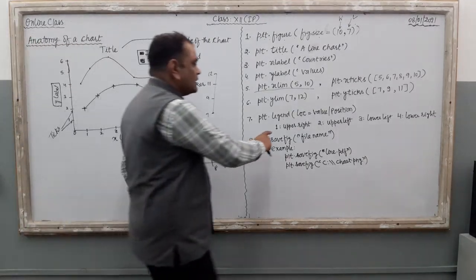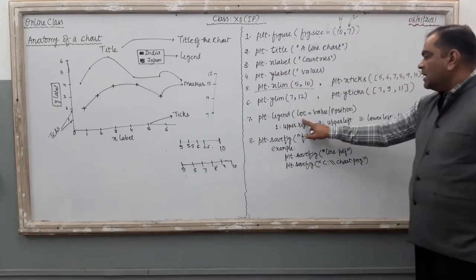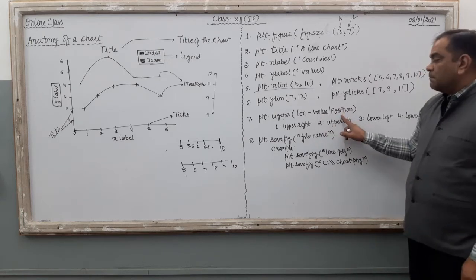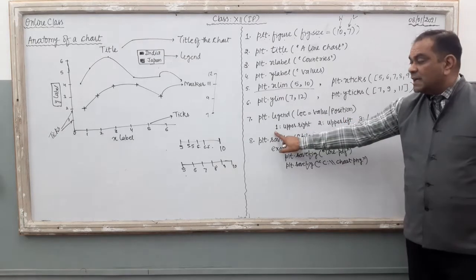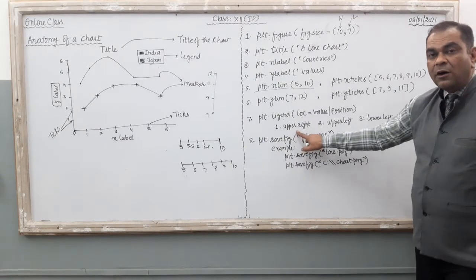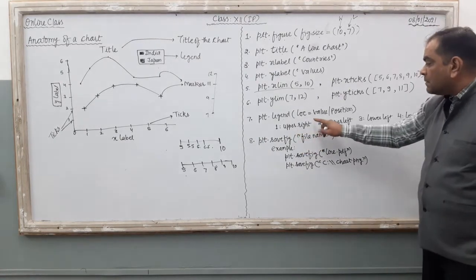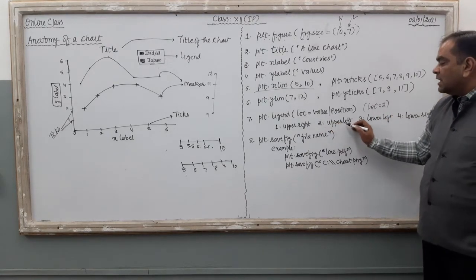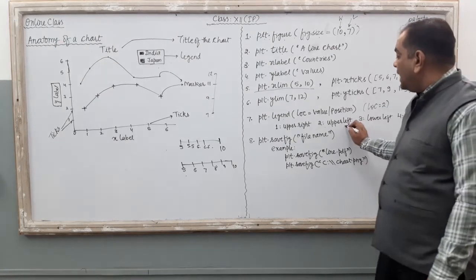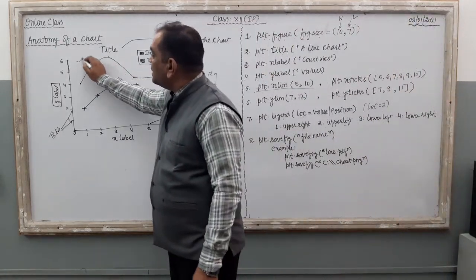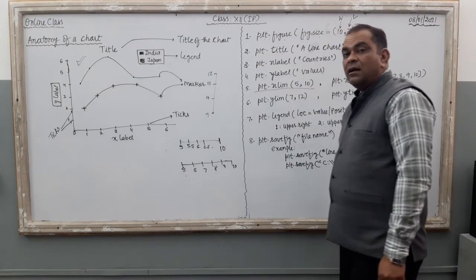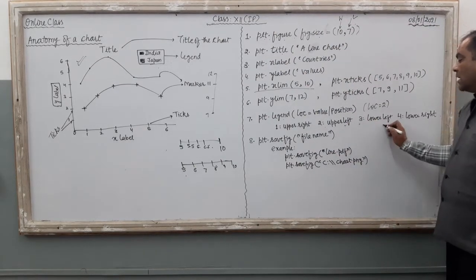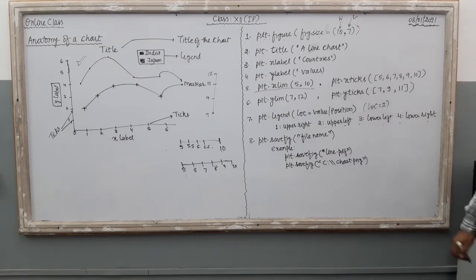For that, the code is plt.legend with loc equal to a value or a position. Value 1 stands for upper right corner. It is the default position of the legend. If you supply loc equal to 2, the legend will be at the top left corner. Top left corner means the legend will be shifted to this specific position. 3 is lower left, 4 lower right. Right? This is the legend function.